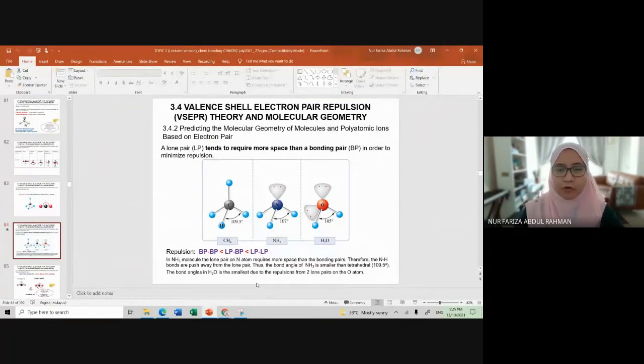The lone pair repulsion is more dominant, as in the repulsion is the largest or the highest compared to bonding pair with bonding pair, and also bonding pair with lone pair.